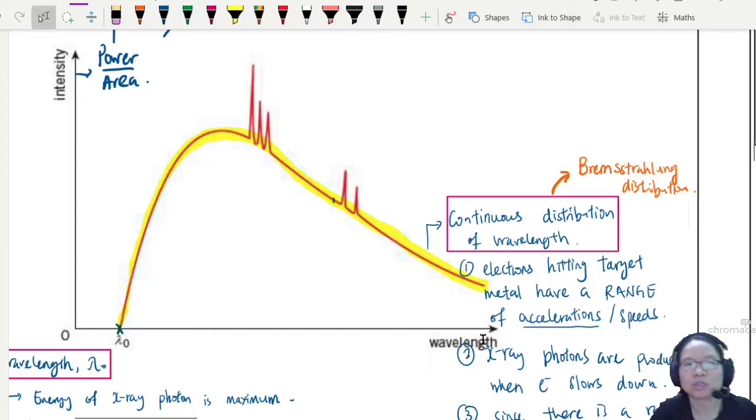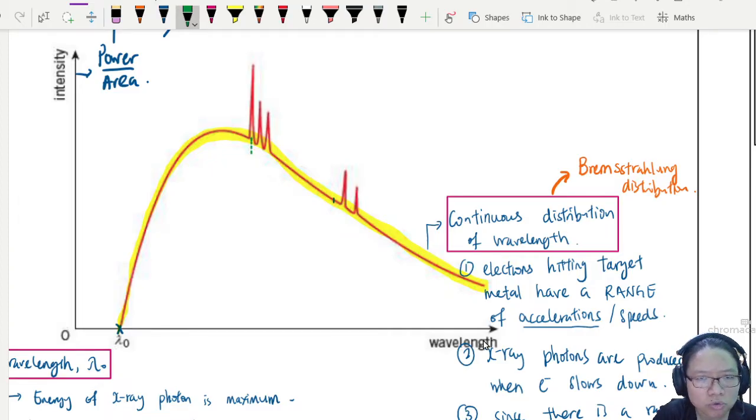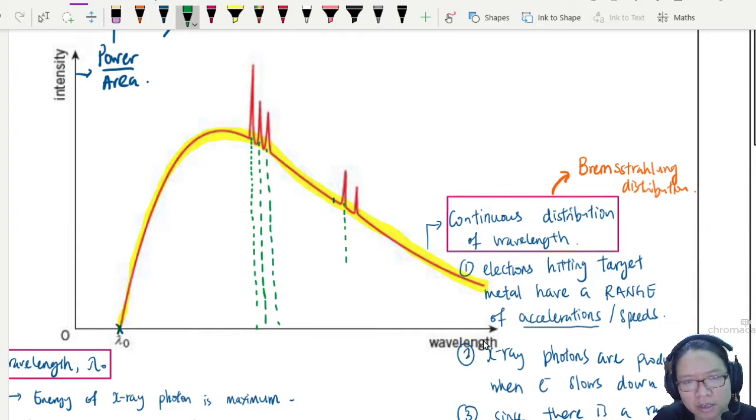But the second thing we want to talk about is the spikes. You see all these spiky things? What do these spikes mean? You will notice that at certain wavelengths, don't know how, don't know why, the intensity is very high. So these are a few wavelengths. When scientists found these peaks, they were like, this is very curious. Why does this happen?